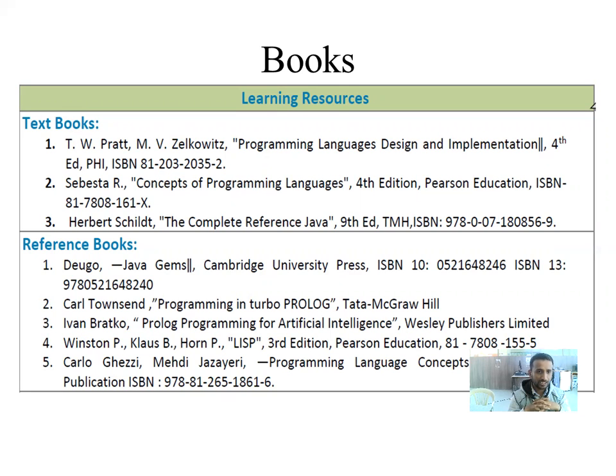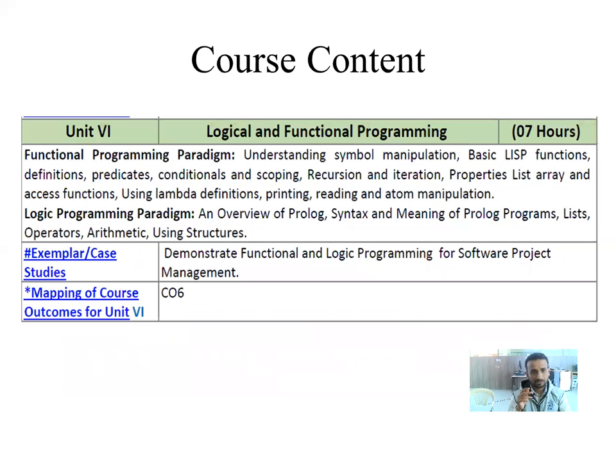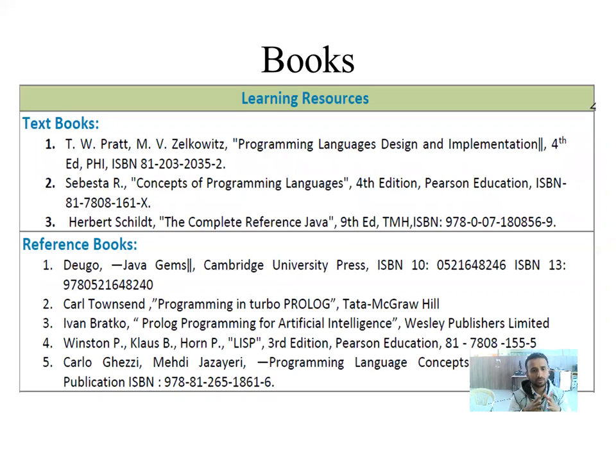Then LISP, which is written by Winston P. and Klaus D. Horn P. You can also refer to this book to learn your 6th unit, that is the last topic, logical and functional programming. So for that unit, you can just refer to this list.